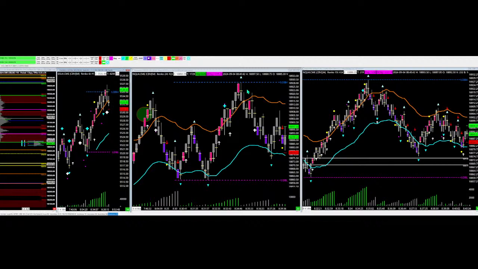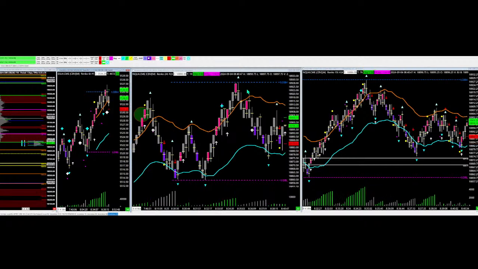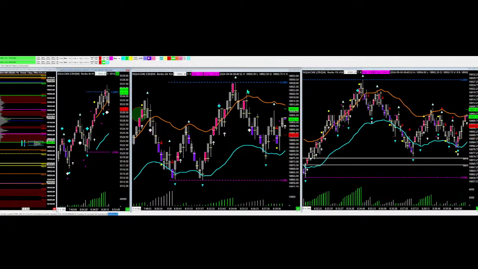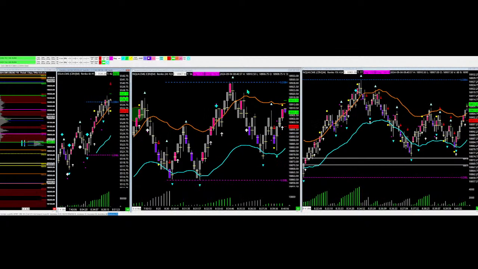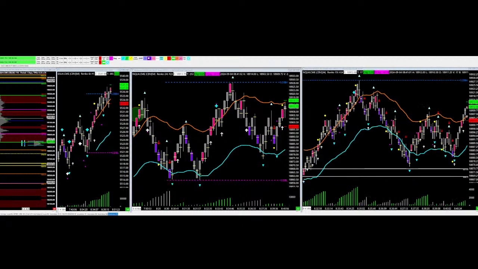We haven't tested above. We're just kind of here. It doesn't even look like, wow, anything. So ES looks like potential open drive higher. And so I have to constantly reset my expectation.